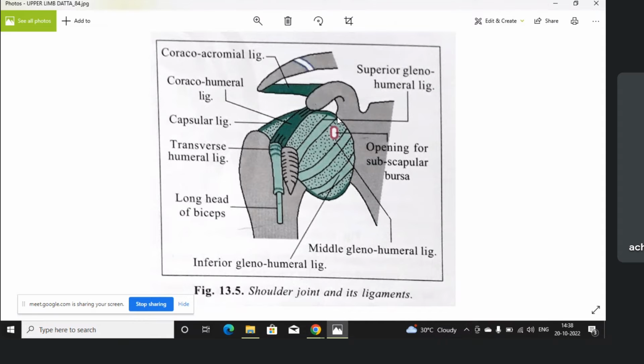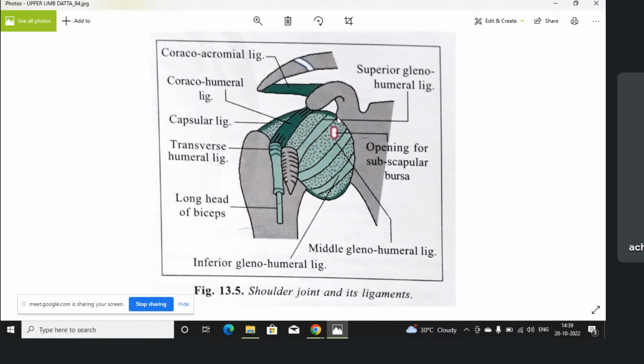Then what is the next ligament? Coracohumeral ligament. Above attachment: it is attached to the coracoid process of the scapula.